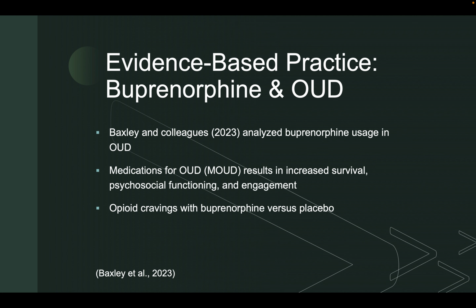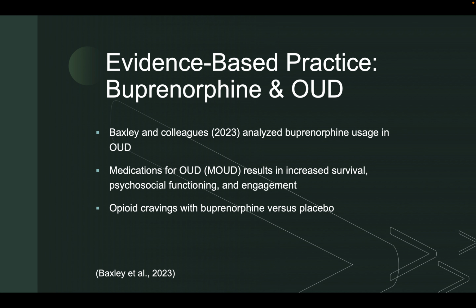Now, for my evidence-based practice, the study I chose delves into medication-assisted treatment for OUD using buprenorphine versus no medication. Baxley and colleagues analyzed 10 studies that focused on buprenorphine for treating OUD and its effects on reducing opioid cravings.